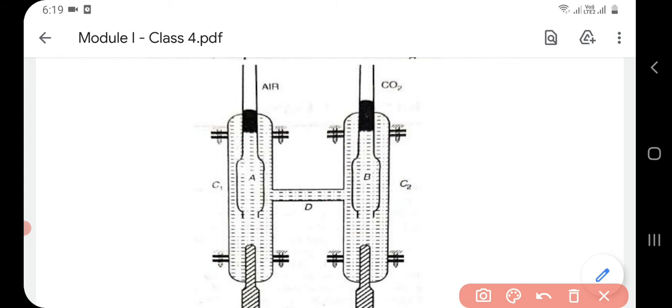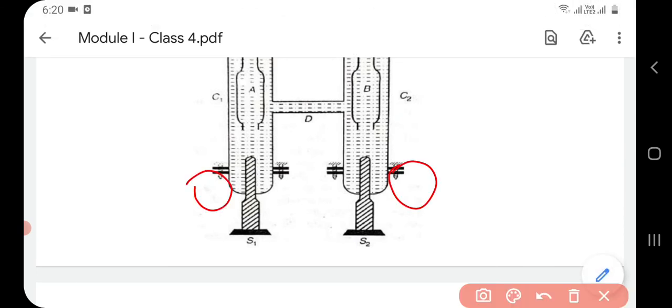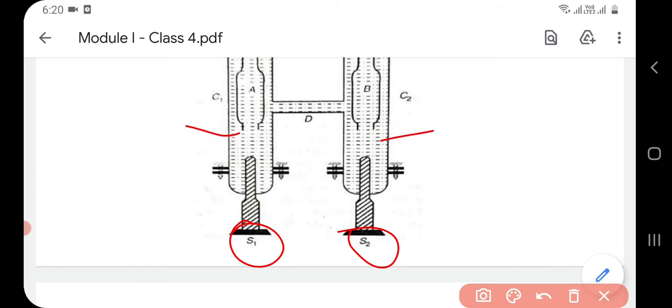Then tube A is kept inside C1. C1 is a copper cylinder filled with water. Similarly, tube B is kept inside C2, which is also a copper cylinder filled with water. Both C1 and C2 are screwed using two steel screws, S1 and S2. The level of water in C1 and C2 can be adjusted by adjusting these screws.